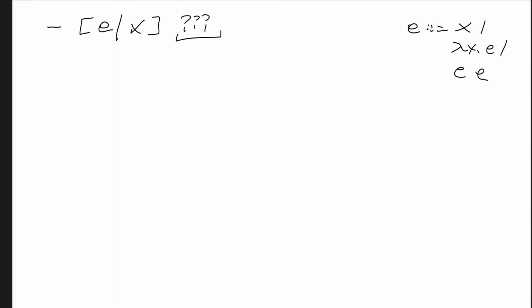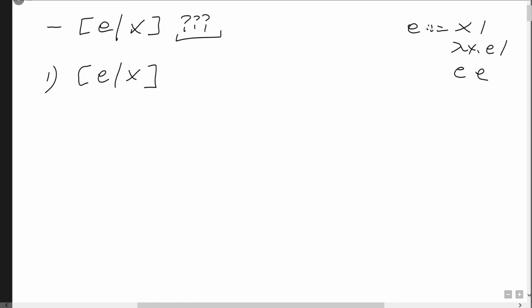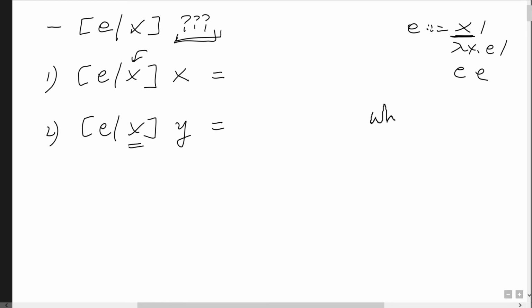Let's first deal with the easy case. The first case, expression E for x. This expression is a variable, but this variable happens to be identical to this variable. And the other case would be that this variable is not equal to this variable x, where y is not equal to x. So you have the first case and the second case from the case of variables.